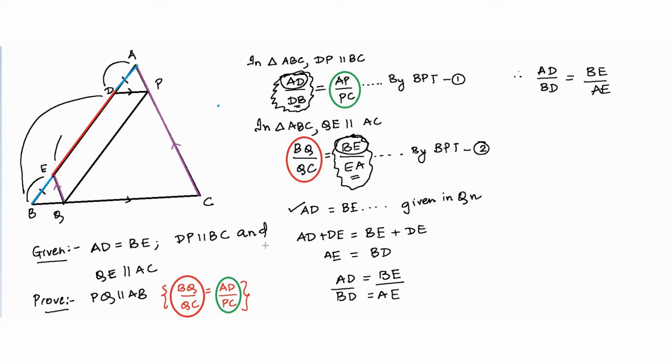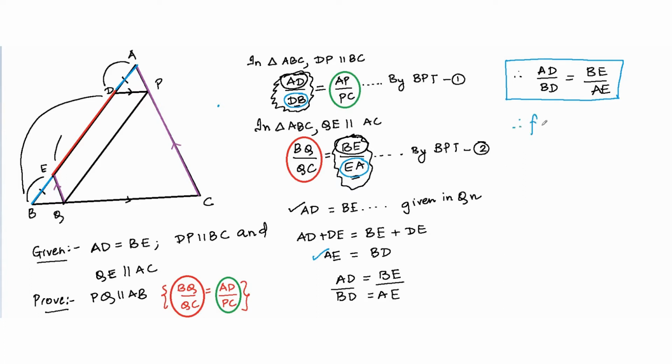And that is why I said that AD plus DE is equal to BE plus DE, which is how I got AE and BD equal to each other. So even the denominators of these two are equal to each other. And that is why these two ratios are going to be equal to each other, which is what I have written over here, right? So AD upon BD is therefore equal to BE upon AE.